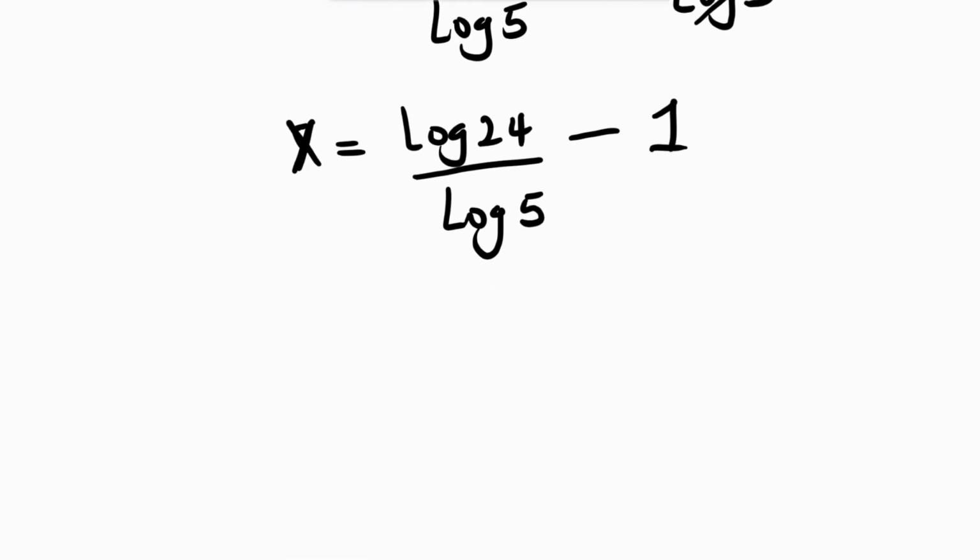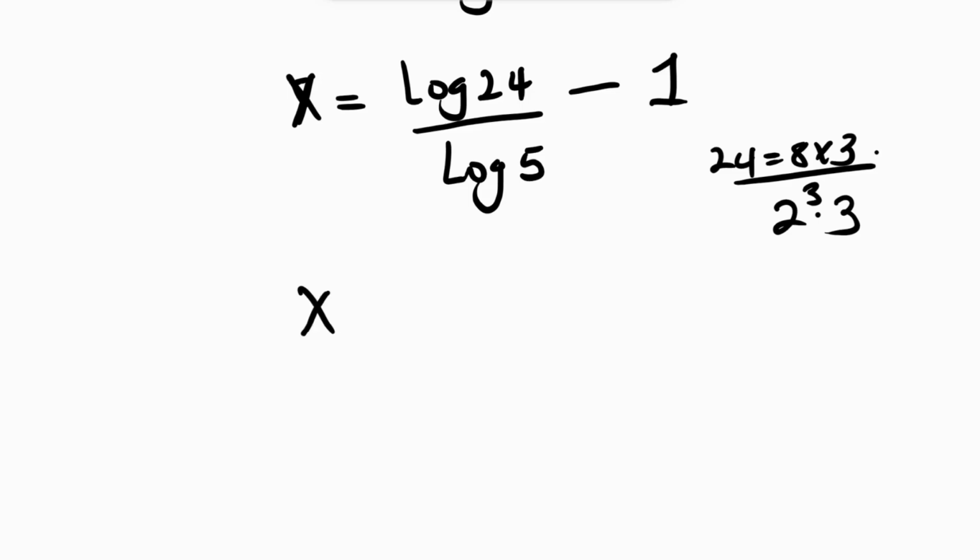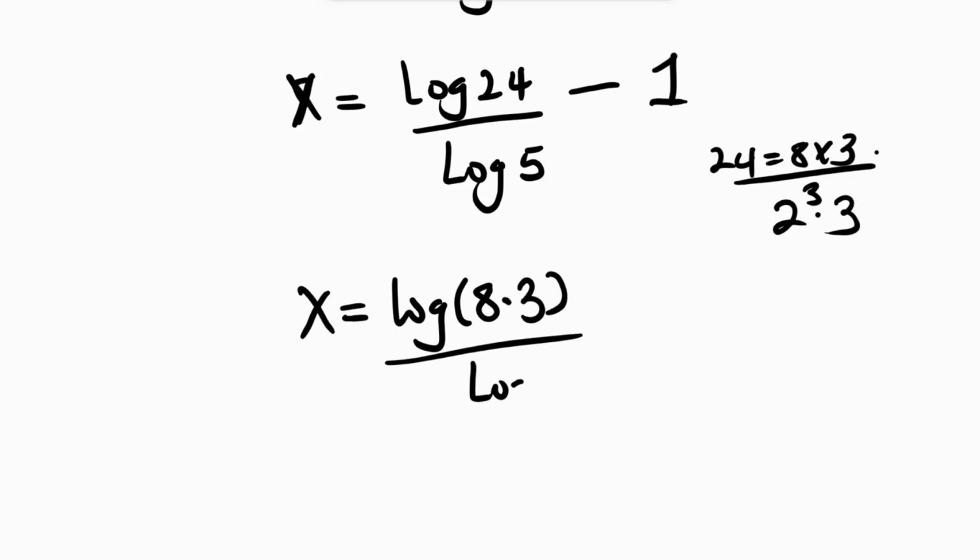Now 24, we can break it down a little bit more. 24 is the same thing as 8 times 3, or 2 times 2 times 2, so that's 2 raised to the power 3 times 3. So our x is equal to log of 8 times 3 divided by log 5 minus 1.